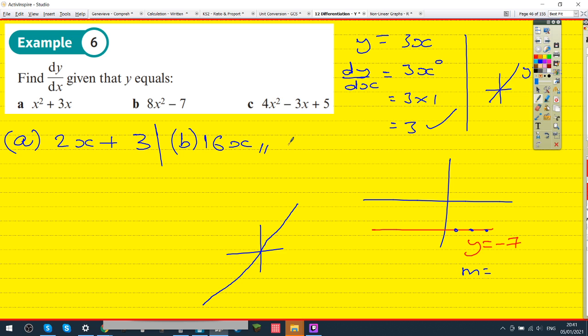So that's like 16x plus 0. And now put the two together. So you get 8x minus 3 plus 0. Yep, well done. Great.